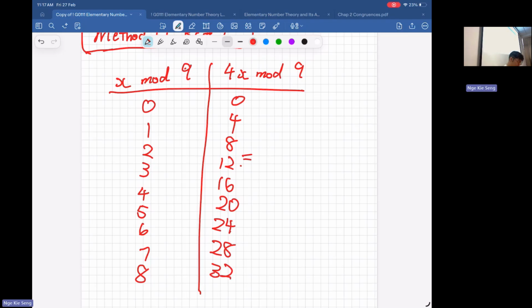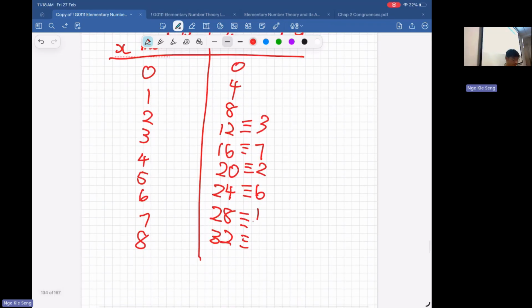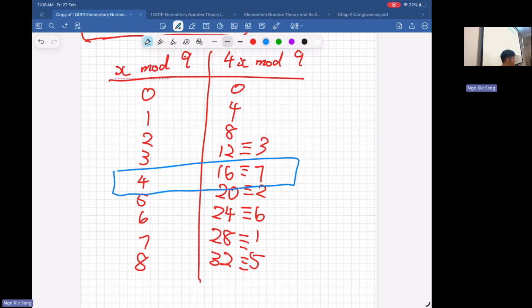What you see is 3, 7, 2, 6, 1, 5, 0. Oh, okay. I'll repeat that. So you can see that there's only one x mod 9 that will get you 7. Make sense?